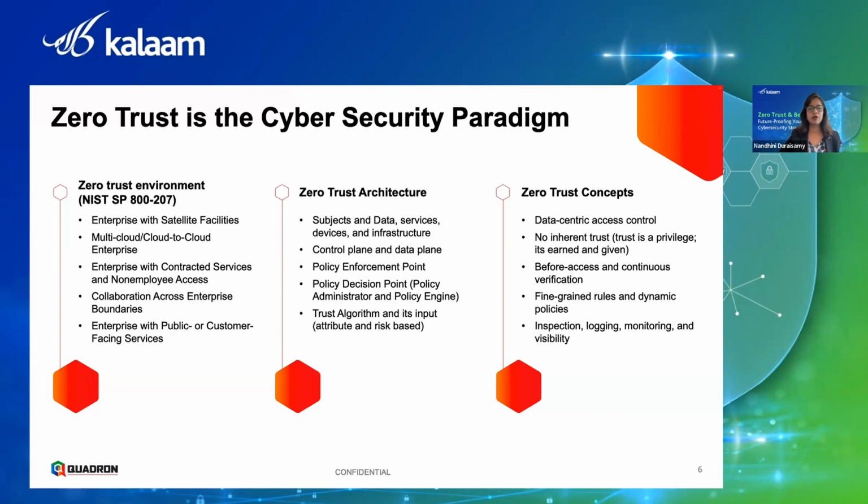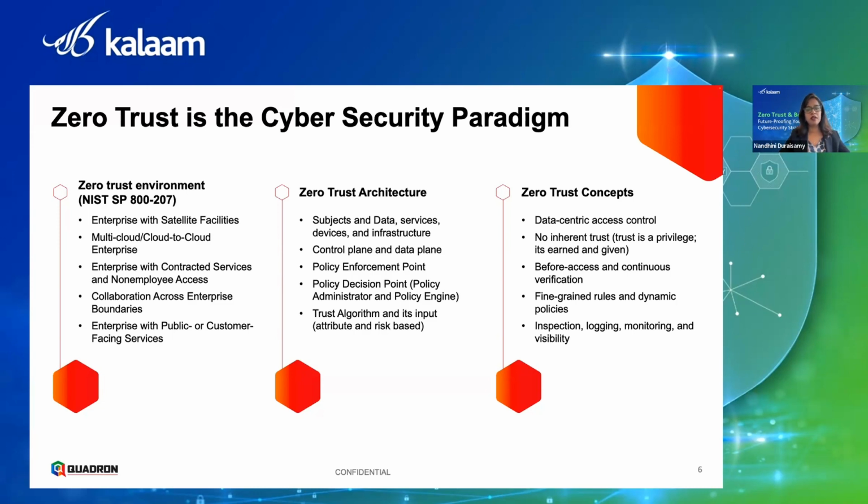Because the internet is never secure, ensuring the security and availability of these services while still protecting user data would be your primary concern. Now, what forms part of the Zero Trust architecture here? It's the subjects and the data, the users and the data, the services, the devices, and your entire infrastructure.